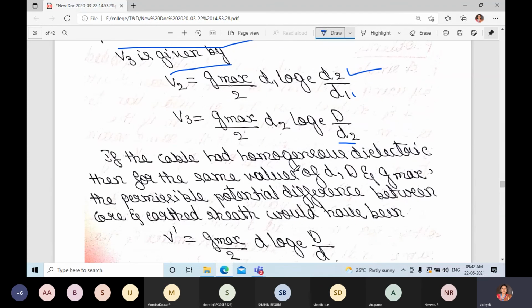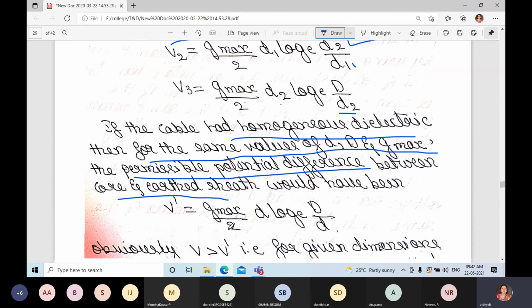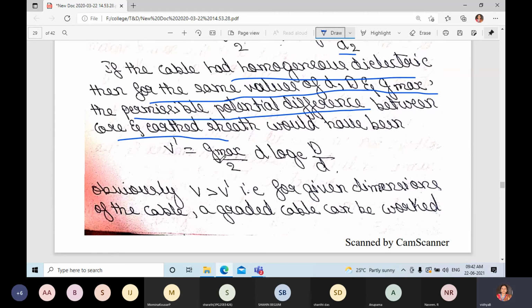If the cable had homogeneous dielectrics, then for the same values of d, capital D and G max, the permissible potential difference between core and earthed sheath would have been V dash is equal to G max divided by 2 d log e capital D divided by small d.